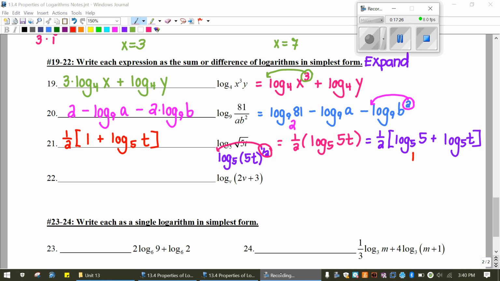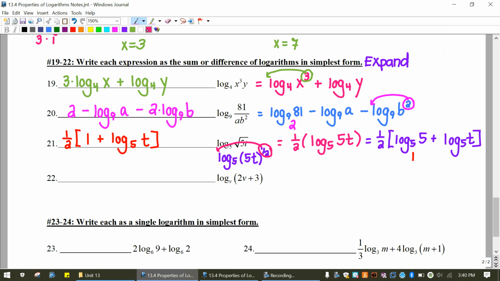Okay, we got one more left. Kind of trying to trick you here. What we have happening in the parentheses is addition. I don't have any way to expand this. This is already simplified as much as it can be. I have rules like number 19 when I have a product.